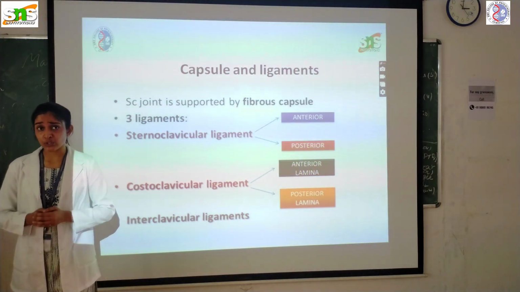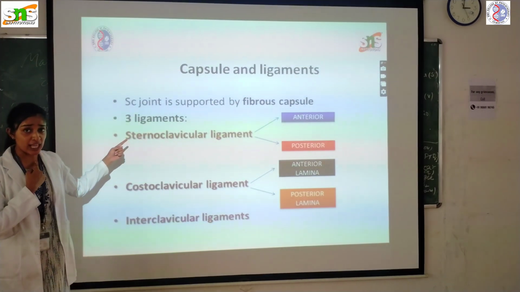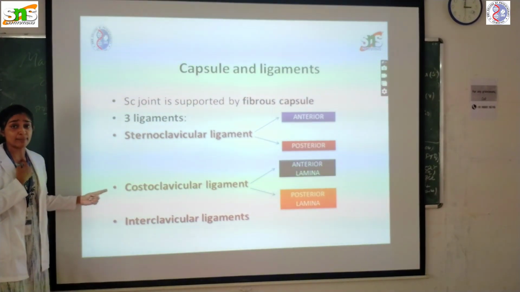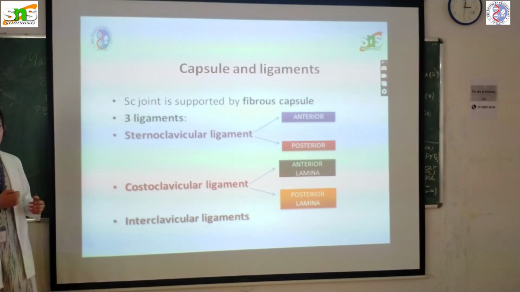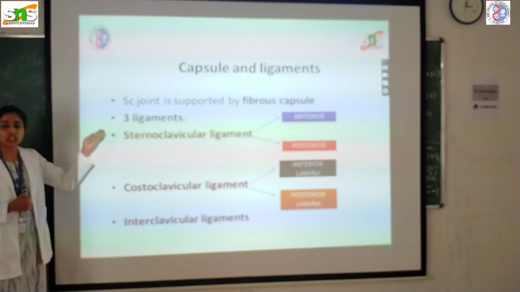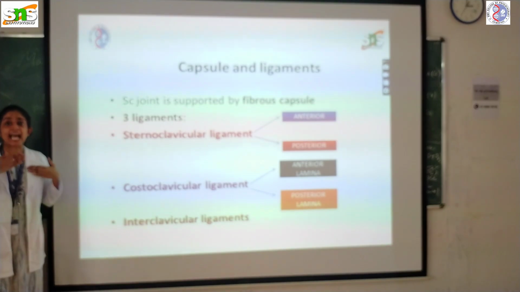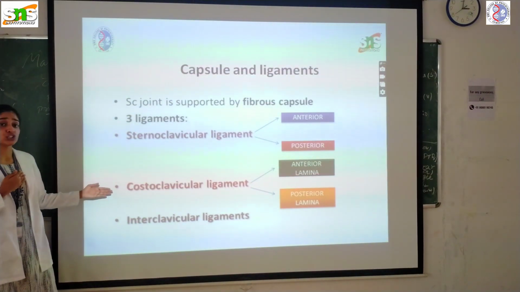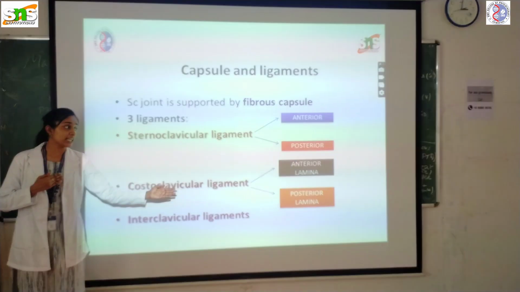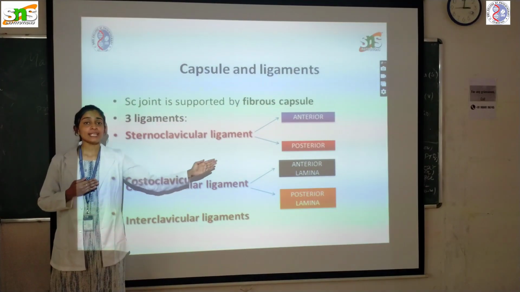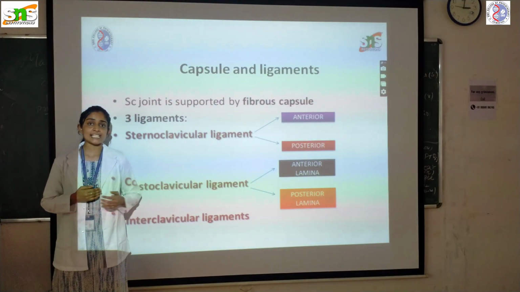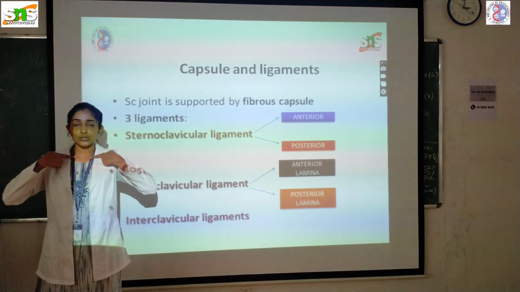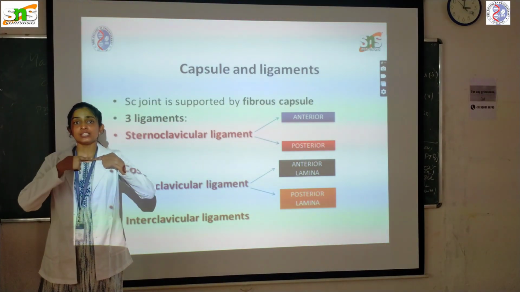From the names you can see there is the sternoclavicular ligament, the costoclavicular ligament, and the interclavicular ligament. The sternoclavicular ligament is in both the anterior and posterior aspects. The costoclavicular ligament is also in both the anterior and posterior aspects. The interclavicular ligament connects both clavicles together.